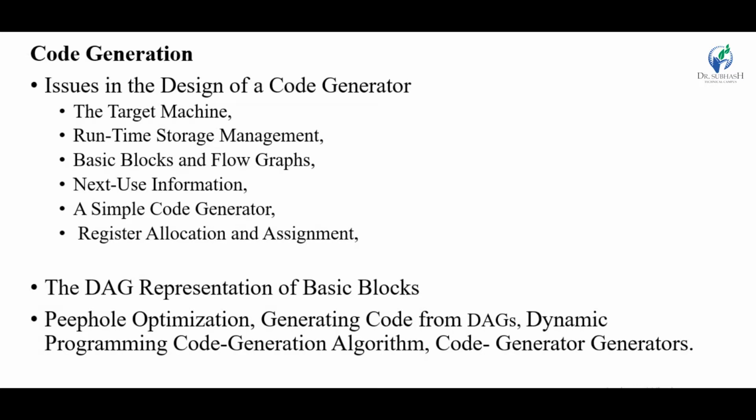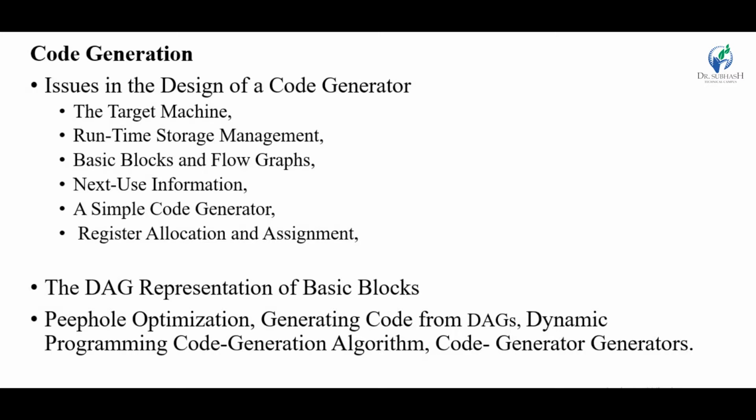Last unit is code generation. Code generator is the final phase of compilation process. It takes an intermediate representation of the source code as input and produce an equivalent target code as output. Target code should have the following property. It should be correct, high quality, efficient use of resources.